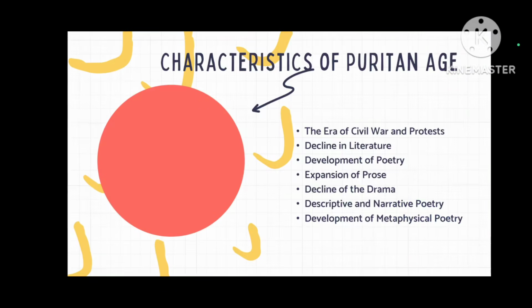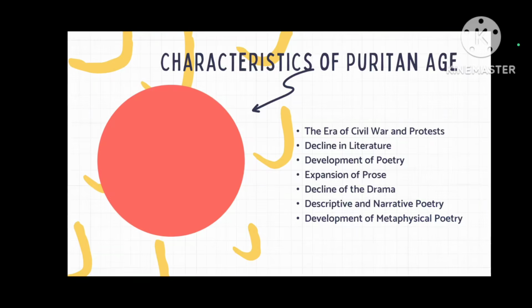Right, so these are certain characteristics of the Puritan age. I have kept this in points, so I will just read these points out, and in the next video we will discuss all these characteristics. We will continue the video from here, and one by one we will discuss these characteristics in detail.